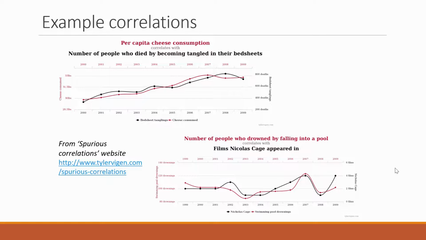We have to find the correlations between two variables, and in this graph you can see the first one is the number of people who died by becoming tangled in their bedsheets, and also the cheese consumed, and it seems they have correlations.